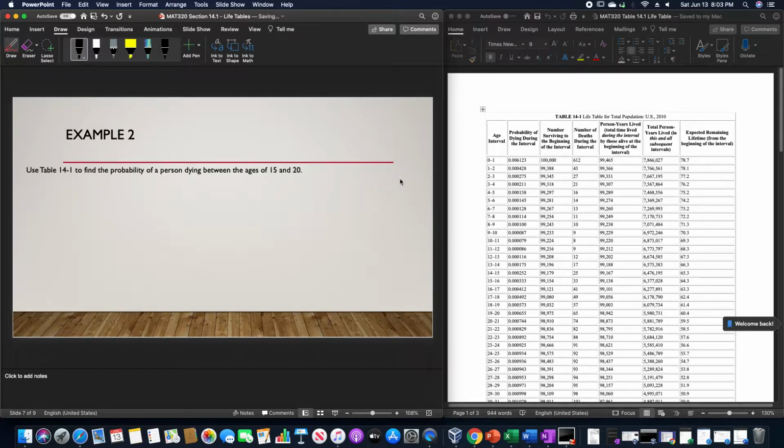Using 14.1 again, we want to find the probability of a person dying between the ages of 15 and 20. At their 15th birthday, we could see that there were 99,154 people alive.